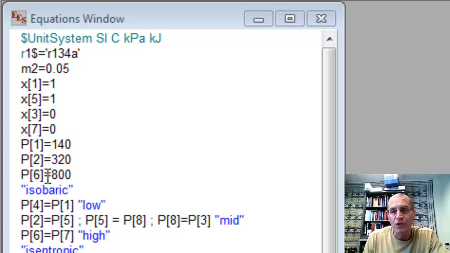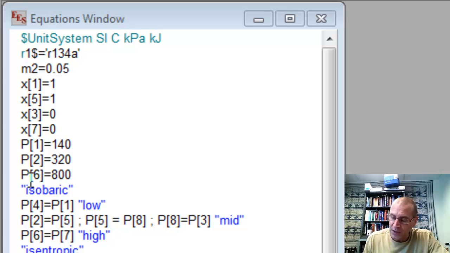I'm going to define a string variable with that name. This is just like any other variable in EES, except since it's containing a string, or a listing of characters, I need to put this $ sign after the name. This just tells EES this is not a numeric value, this is actually a string value. This is a little different than some other programming languages, but you could think of it as sort of a variable type declaration like you might see in C++. So that's the only difference, and I'm calling the variable R1.